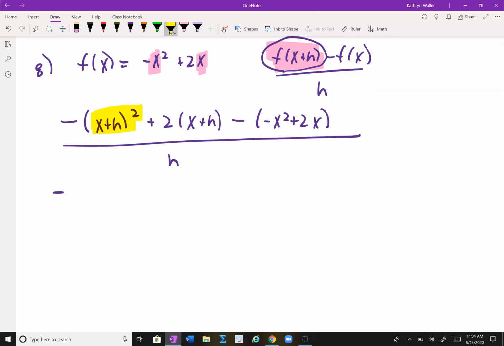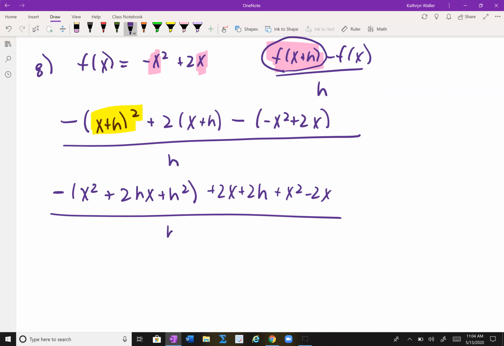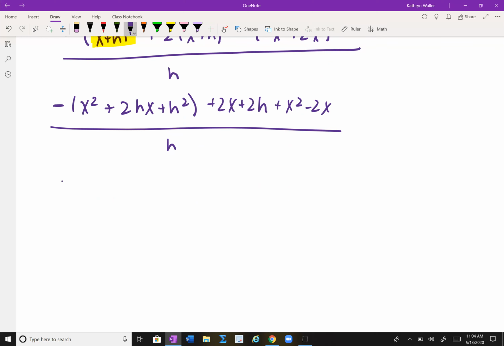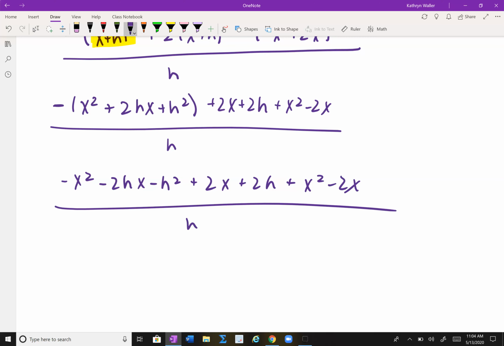So x plus h squared, when I FOIL that, I get x to the second plus 2hx plus h squared. Distribute the 2, 2x plus 2h, distribute the negative, plus x squared minus 2x all over h, okay? Now I need to distribute the negative, so it's negative x squared minus 2hx minus h squared, plus 2x plus 2h plus x squared minus 2x all over h, okay?